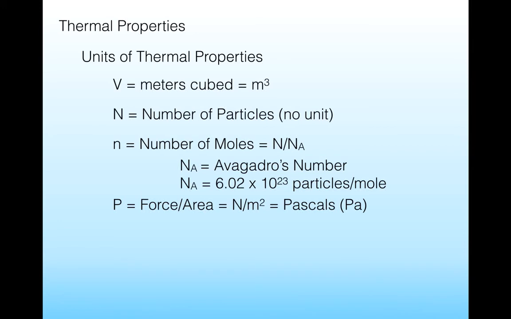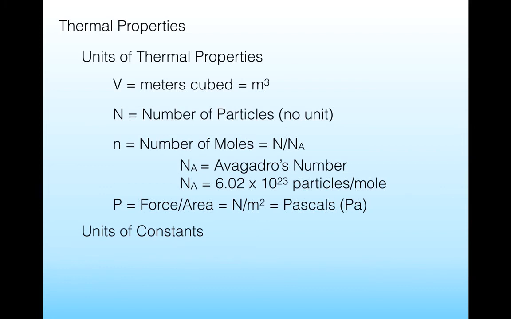You may be given pressure in other units, such as millimeters of mercury, or atmospheres. Atmospheres are useful because at sea level on Earth, 1 atmosphere is the pressure due to the air around you. But this should always be converted into pascals when doing your calculations in order to make sure that you're getting the right numbers.